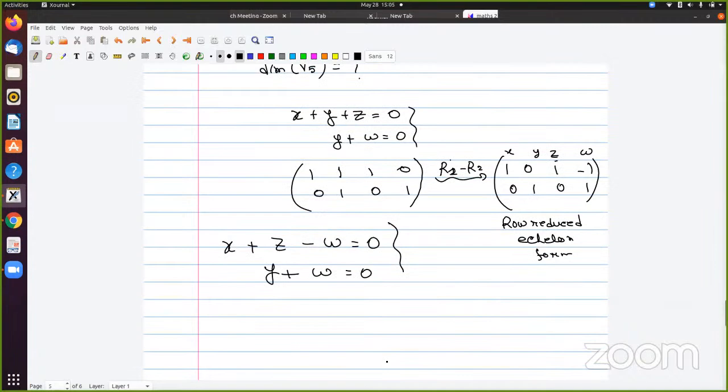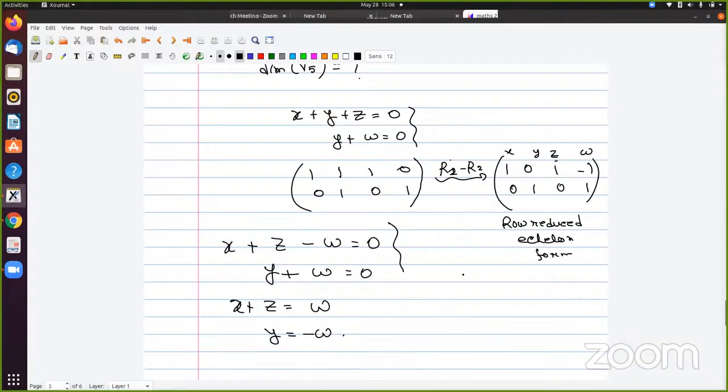What I can do here: X plus Z is W and Y is minus W, right? Correct? This is what I am getting. No issues till this point?